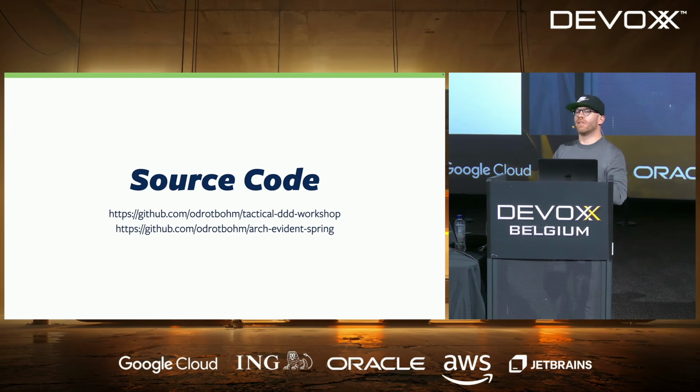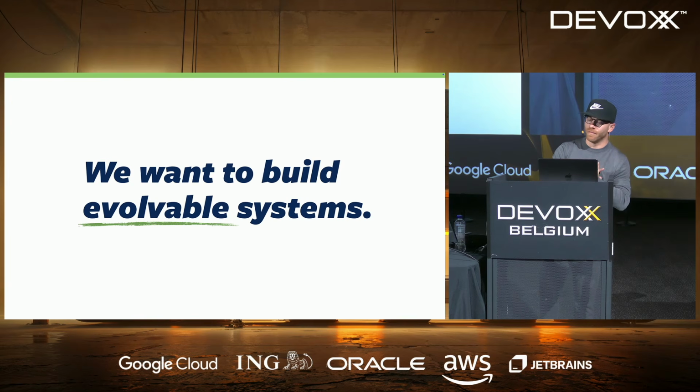Because I have to condense a couple of things, I needed to plug in, unfortunately, code from different code bases. But the primary thing we're going to look at is this tactical DDD workshop, and there's a bit I don't know right now from the top of my head about what parts we are going to look at of the arc evident thing. But I think that's mostly for the second half, right?